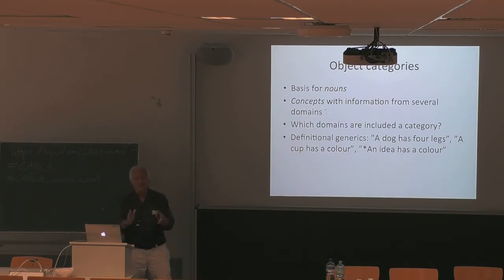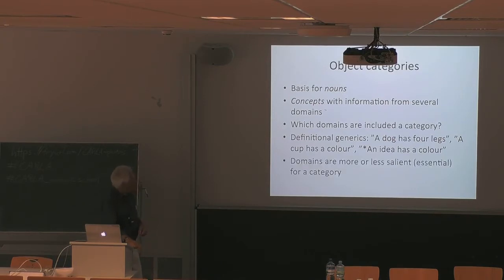So different nouns are associated with different domains. That's a first lesson to learn here. And they are more or less salient. I don't want to use essential here, because there is a philosophical tradition of essentialism that a dog essentially has 4 legs, but I know many dogs without 4 legs, so that doesn't really work.